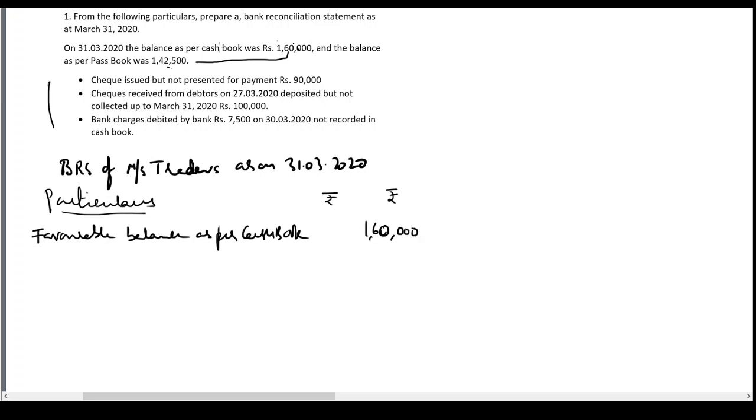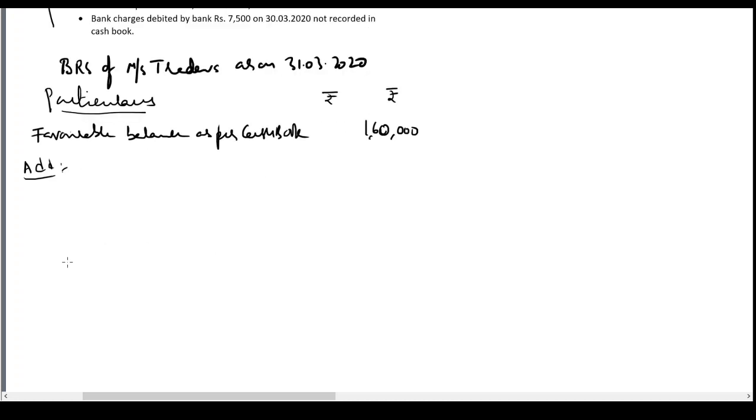Now a question can come to your mind: how are we saying favorable balance? Normally when we say the balance as per cash book, that means our balance is there in the bank account. So that is how I understand that it is a favorable balance. If it is an overdrawn balance, the question will definitely specify that it is an overdraft balance. Now we can have some add items and some less items, and then we will arrive at the passbook balance.